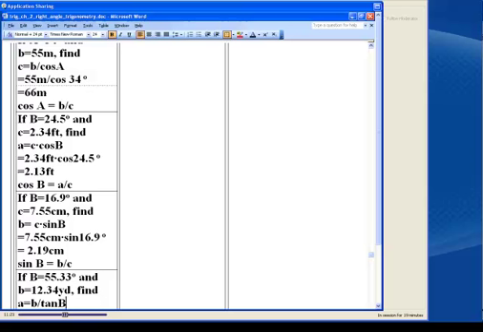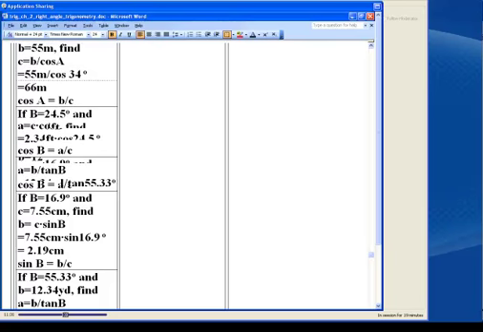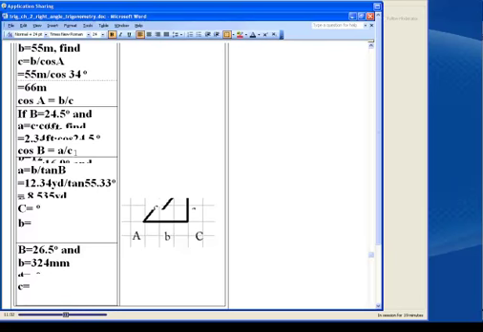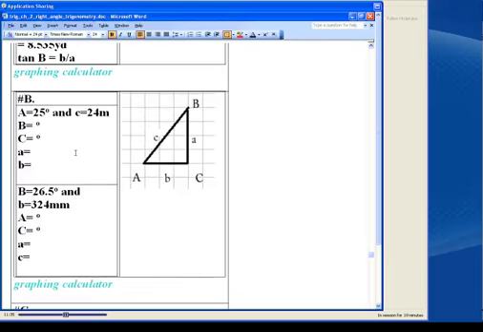Okay. Going to go on with the next exercise, where it says refer to a right triangle ABC with C equal to 90 degrees and find all the missing parts using the given information.